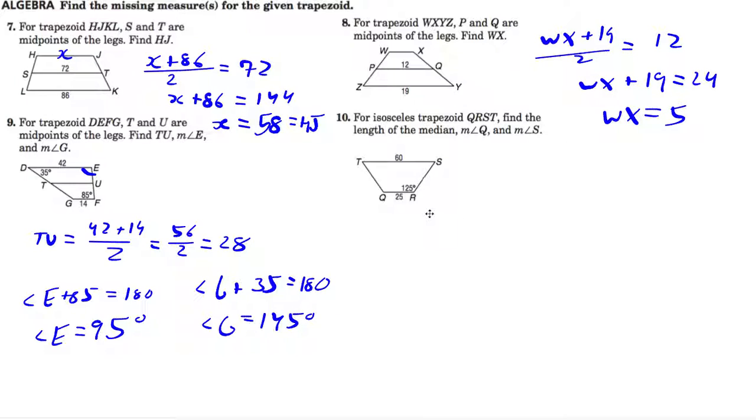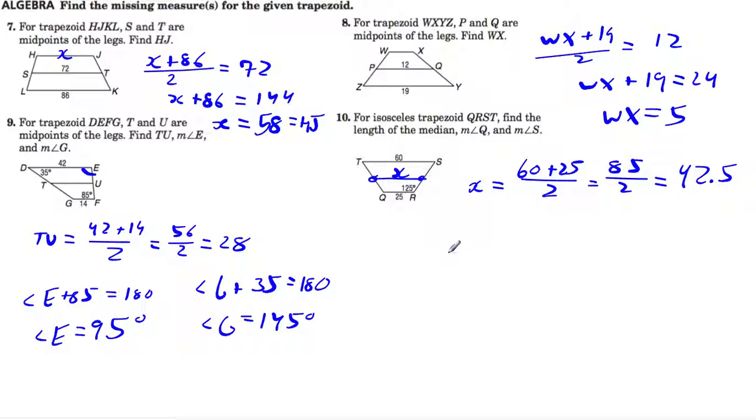And over here for number 10, we want to find the length of the median. So whatever the median is, we'll call that X, is equal to 60 plus 25 over 2, which is 85 over 2, or if we want to write that as a decimal, which would be fine, 42.5. They don't give us the midpoints here, but X is just the length of that median.